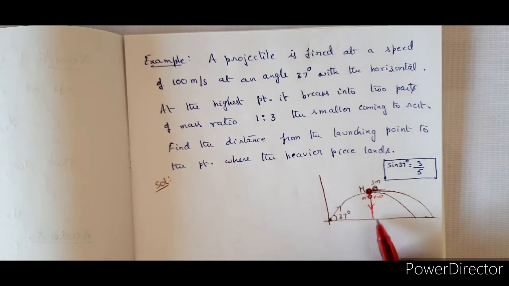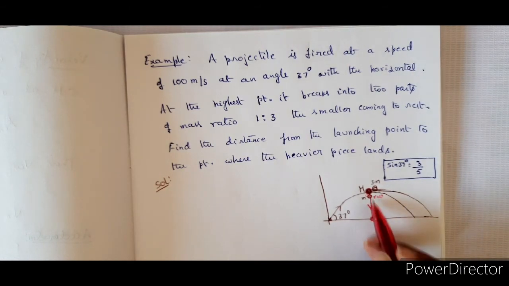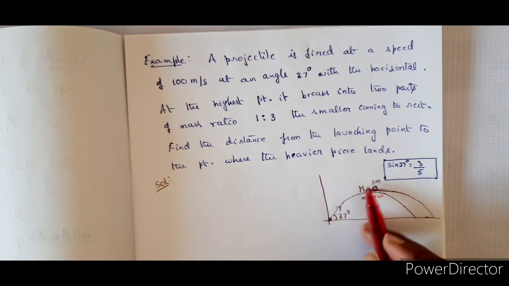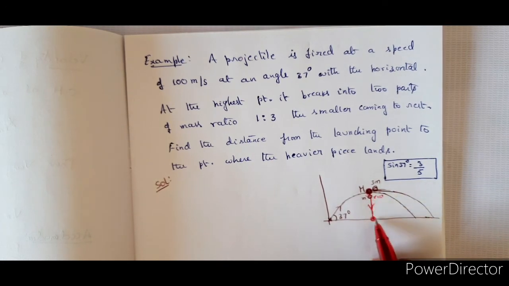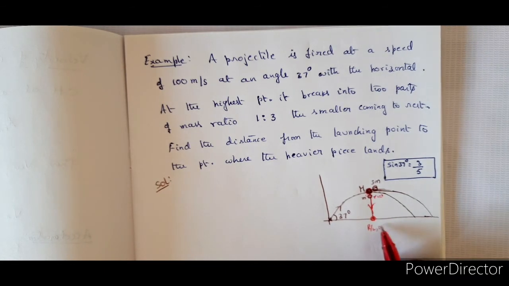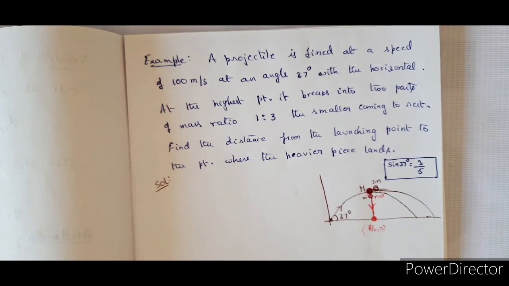It falls freely under gravitational force, and it falls exactly at the midway, at the maximum height of the projectile, exactly midway between the start and the landing point. That means half the range. So I'll write the x coordinate of this to be R by 2, comma 0, taking the y coordinate to be 0. So now it is R by 2 comma 0.